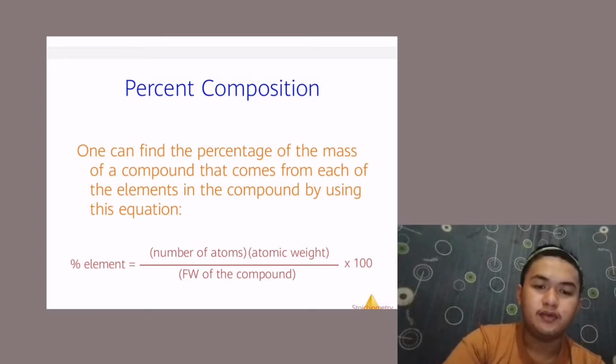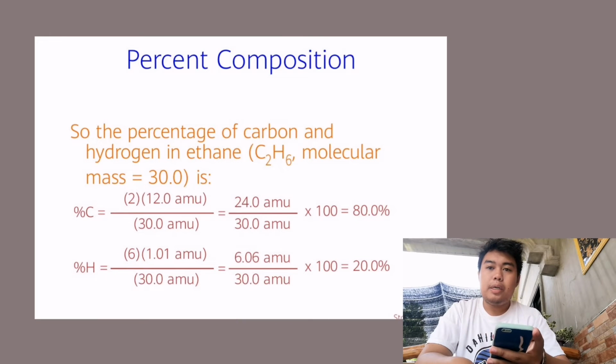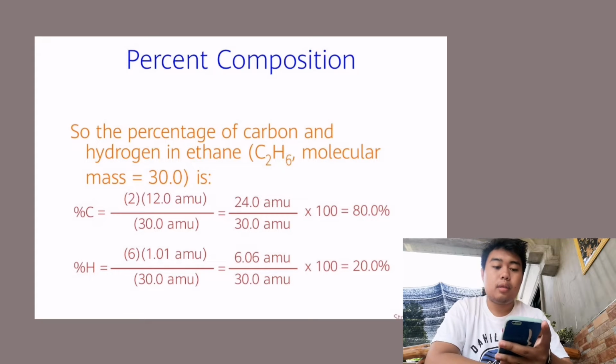Percent composition. One can find the percent of the mass of a compound that comes from each of the elements in the compound by using the equation: number of atoms times atomic weight of the element divided by the formula weight of the compound, times 100.